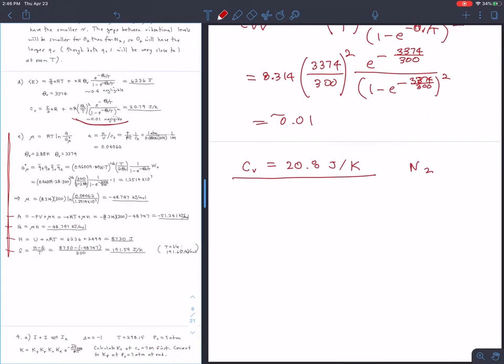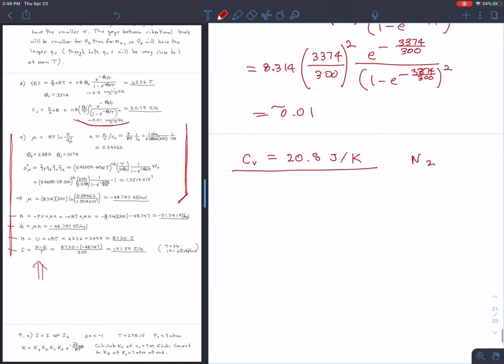And so that's just a matter of going through all these calculations. Let's do that. It's always a good idea to start with the chemical potential because that's very useful in calculating all these other quantities. Once you've got the chemical potential, you can get A and G and H and S pretty easily. So let's start with the chemical potential.